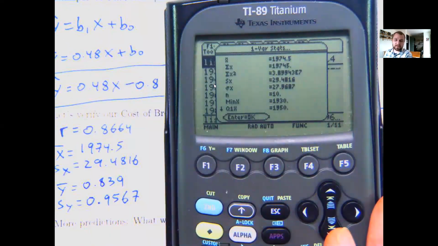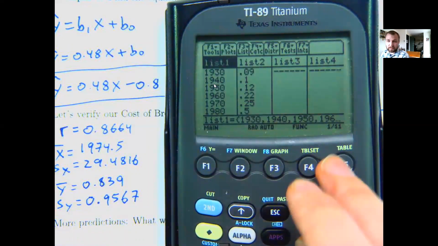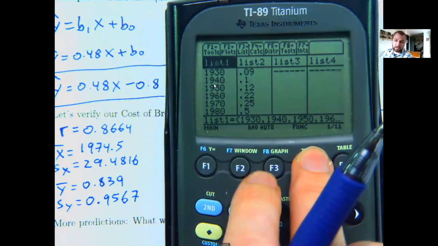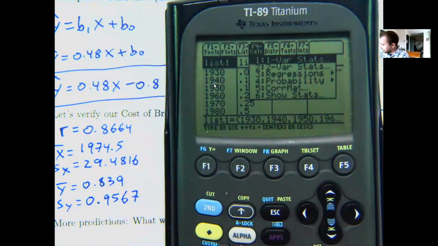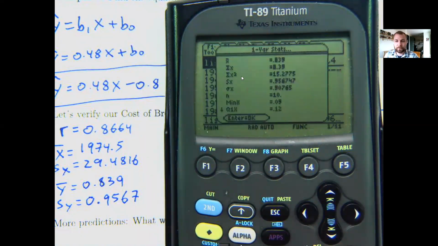And this is exactly the same thing I got on my TI-84. If I do the same thing again and I go up to Calculate, F4, 1-var stats, and I change this to the second list, this will find my average for my y values and the standard deviation for my y values. Again, that seems to be matching up.